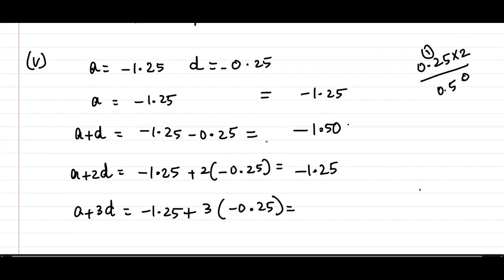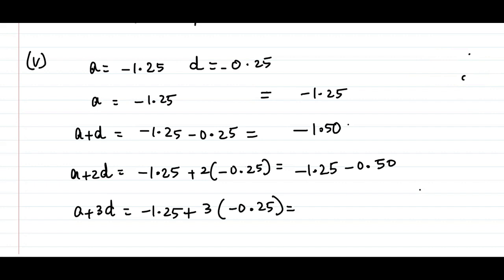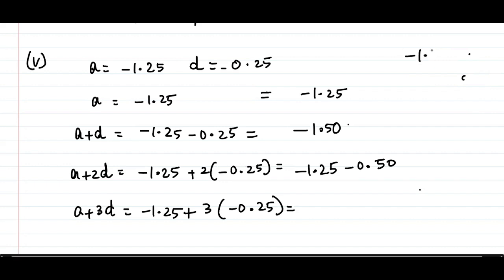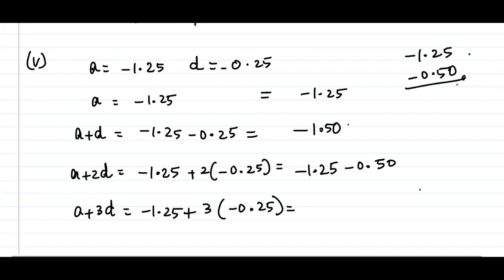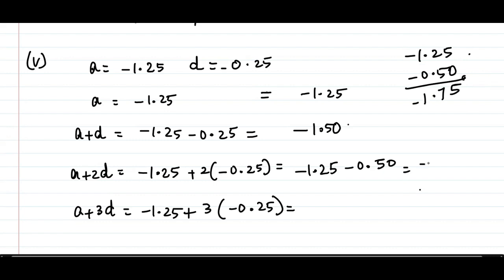So 0.50. So minus 0.50. Now it's add, but both are negative. So minus 1.25 minus 0.50. If you add them, that will become 5, then 7, then 1. So negative, that is equal to minus 1.75.